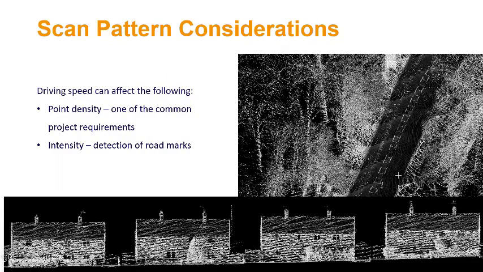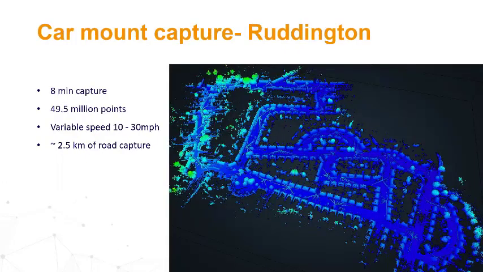So driving speed can affect the point density and also the intensity, for example, the detection of the road marks. Here you see one example of data captured in Radington, that means in the industrial area where GeoSLAM is located near Nottingham.